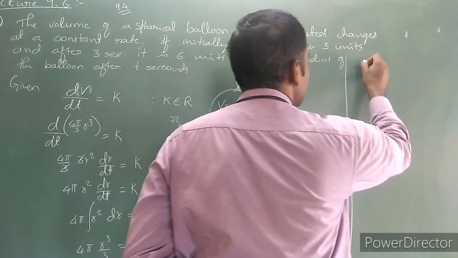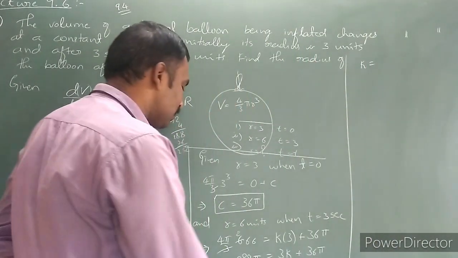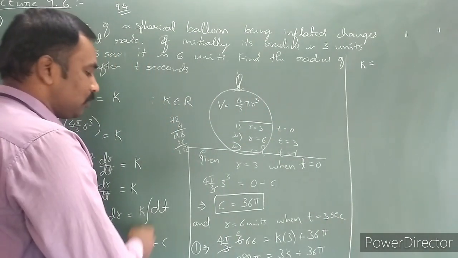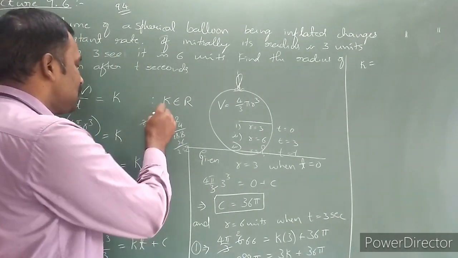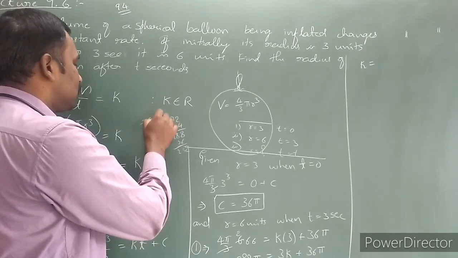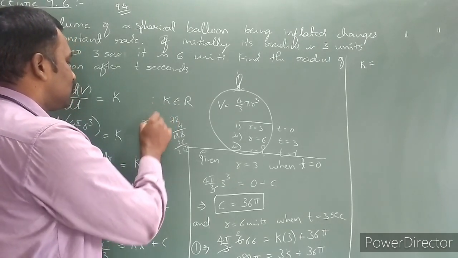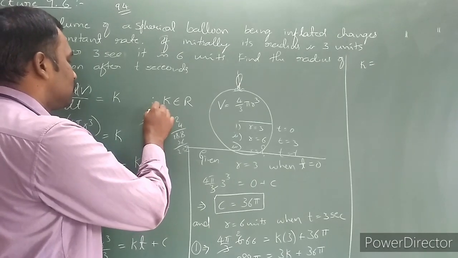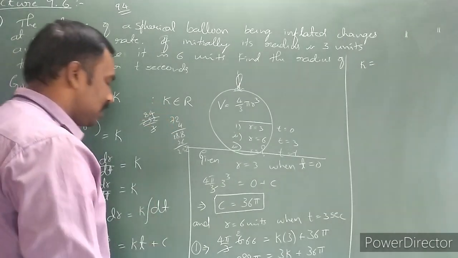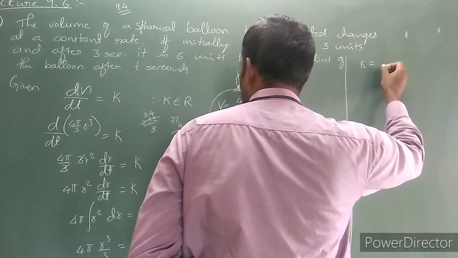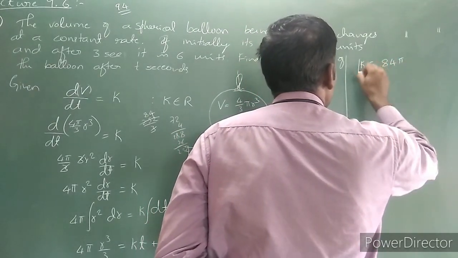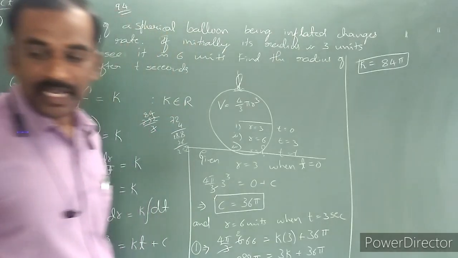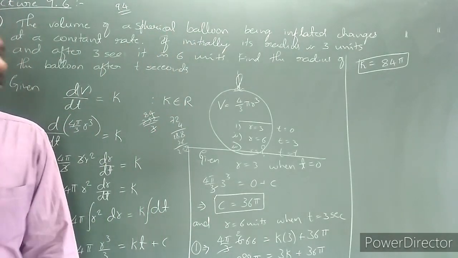And finally what is k equal to? 252 divided by 3, that is 84. So k is equal to 84 times pi.